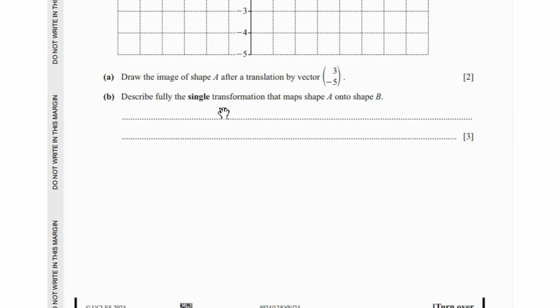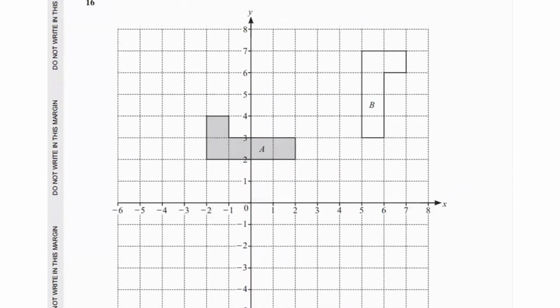Part B is describe the single transformation that maps shape A onto shape B. Now, for shape A onto shape B, we can clearly see that it's a rotation because the direction of the shape has changed. It's not even a reflection because they're not in the same alignment. It's not a translation because, like I said, the direction of the shape does not change in translation.